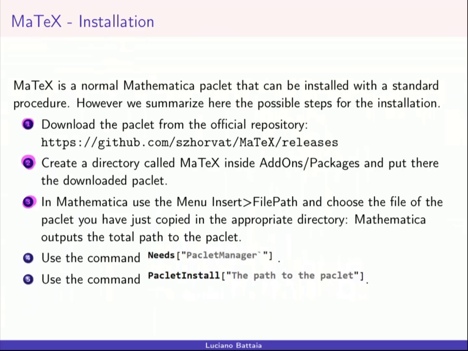Then, in Mathematica, use the menu Insert, File Path, and choose the file of the packlet you have just copied in the appropriate directory. Mathematica outputs the total path of the packlet. Now, you can use the command Needs packlet manager and then use the command packlet install, and here you must write the path to the packlet that you have obtained in the previous point of this list.